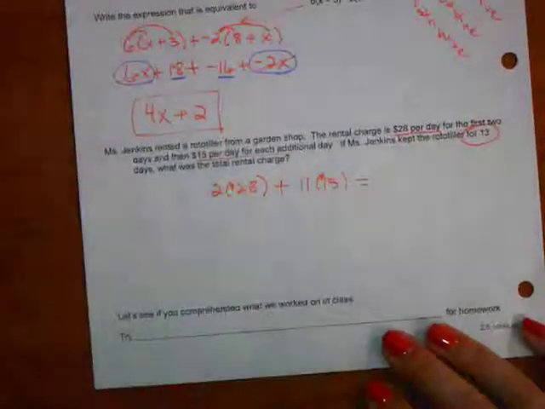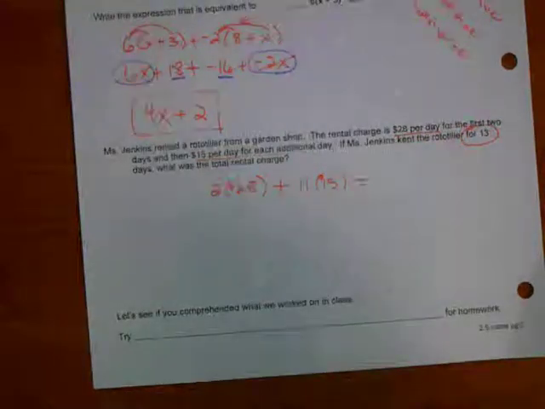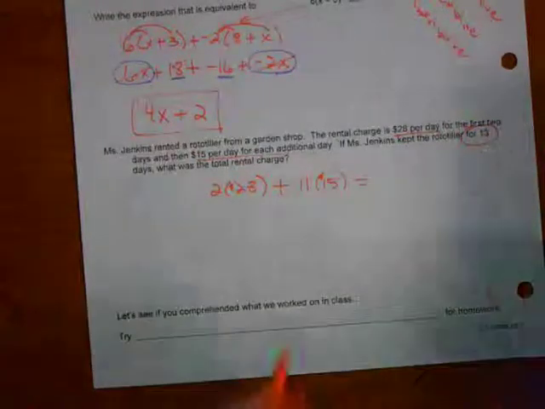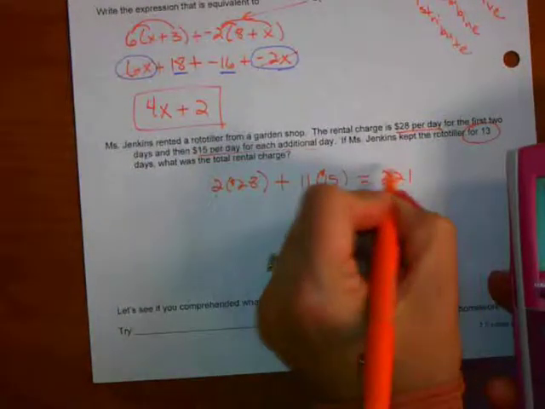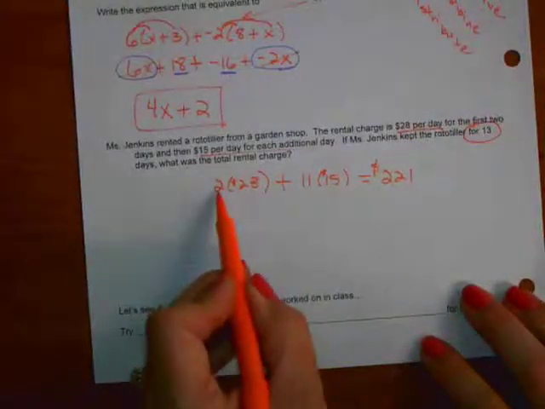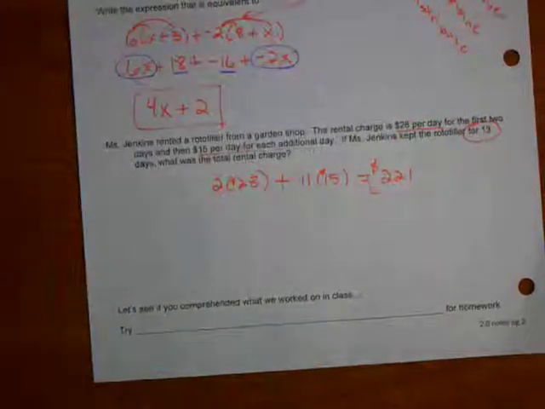If I combine those two, I'm going to come up with her total cost, yes? Which I don't have here in front of me. 56 plus 11 times 15. $221. Everybody follow me on that one? Yeah. Cool.